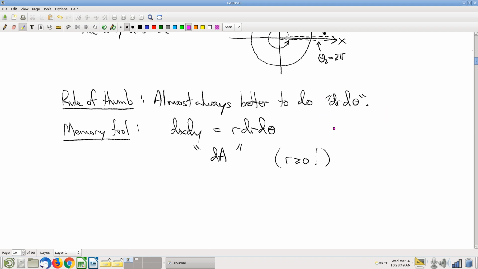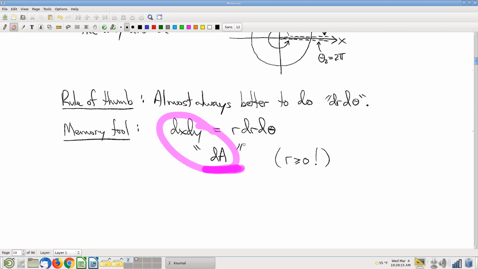And I want to encourage y'all, I said this before, let me say it again, to think of dx dy, our area element, we sometimes call it our dA, as we recognize it from the section on double integrals. Think of r dr d theta as being a single thing that is that dA.